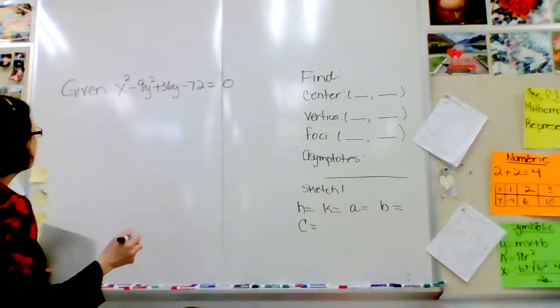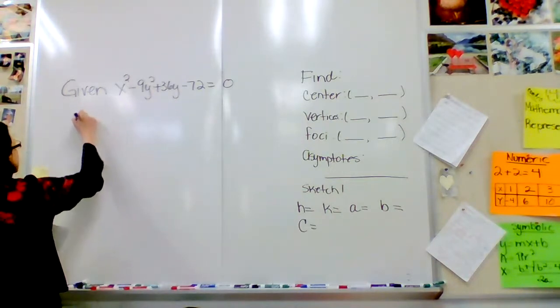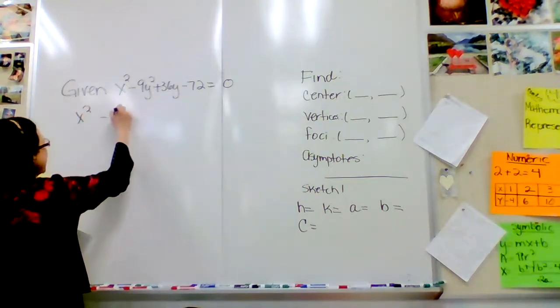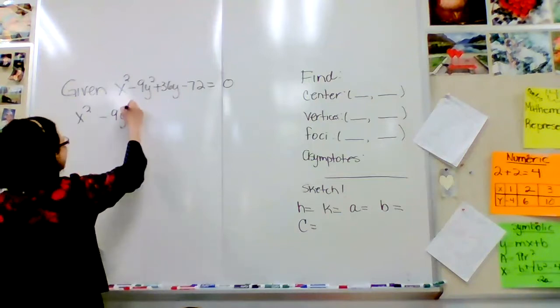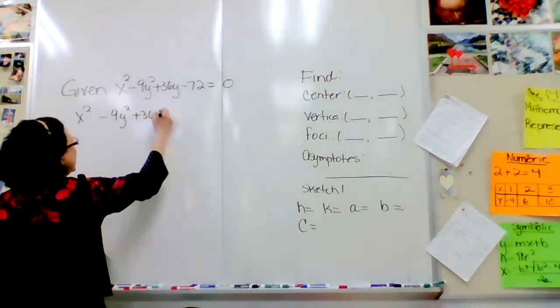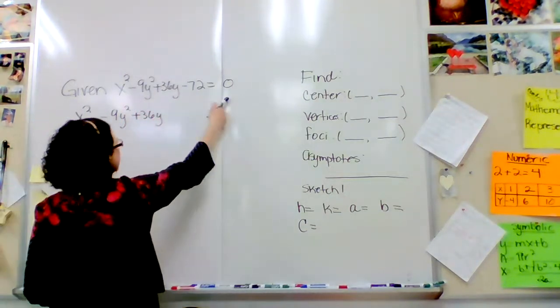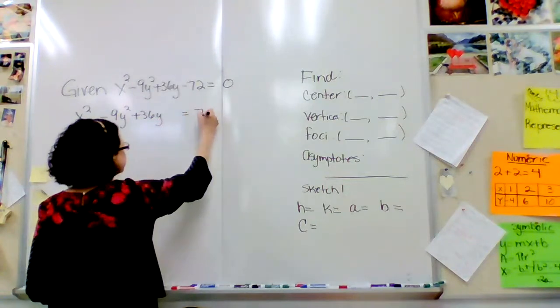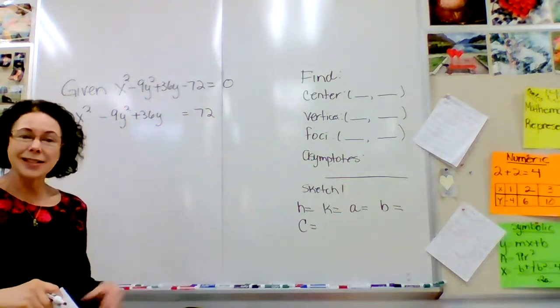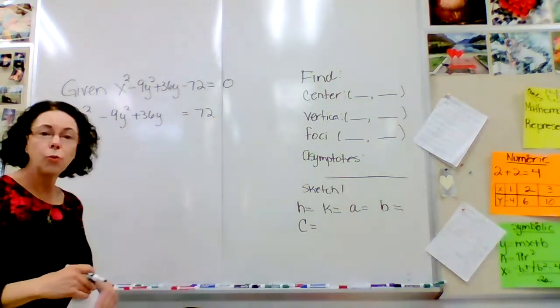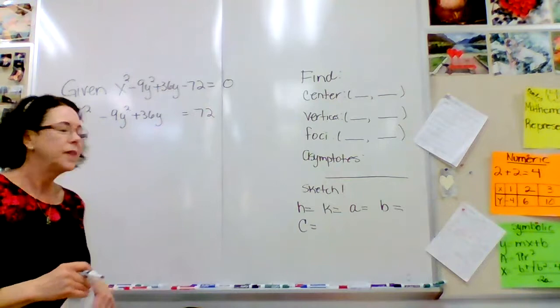So I am going to start with my x squareds, minus 9y squared plus 36y, and I am going to add a 72 to both sides. Again, I know the equation of a hyperbola has a constant on the right of the equation, which is a 1. So I will be working with that.